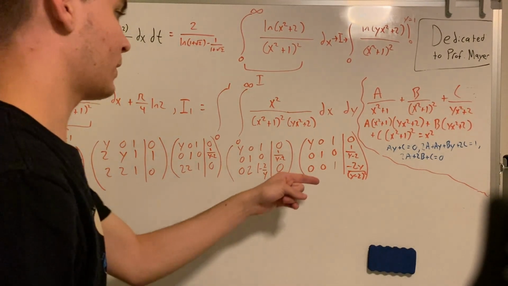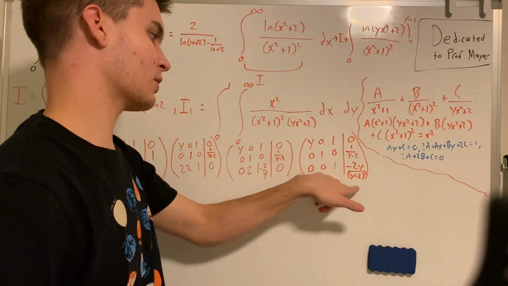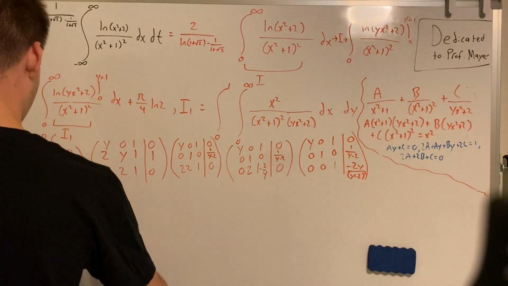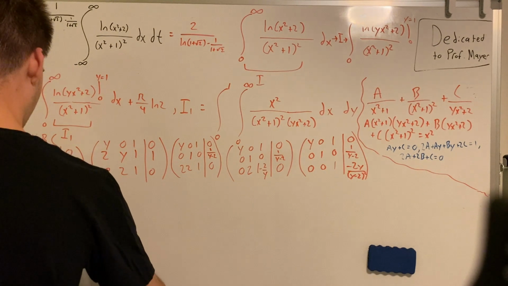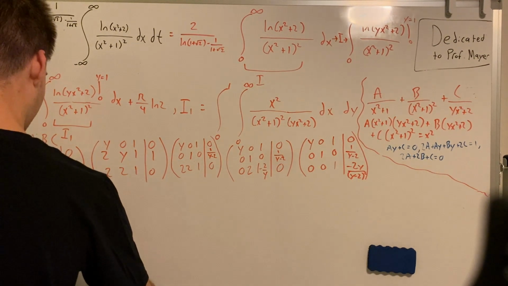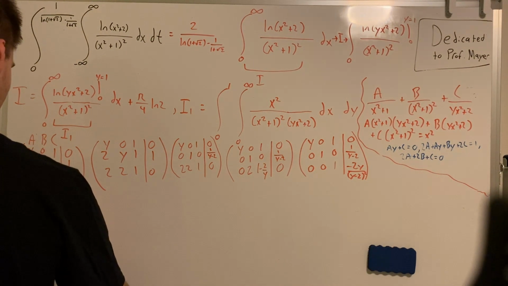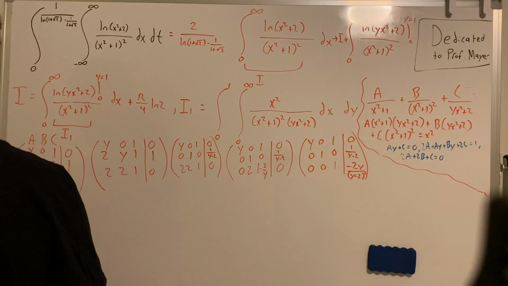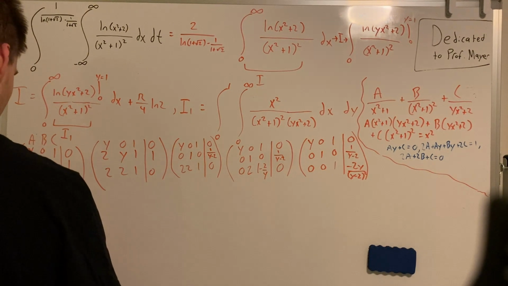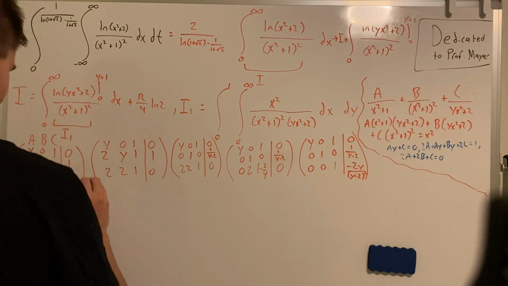And then when we subtract this, it's just going to be this term but positive. So we're going to have 2y over y minus 2 squared. 0, 1, 0, and then 1 over y minus 2. We still have 0, 0, 1, minus 2y over y minus 2.